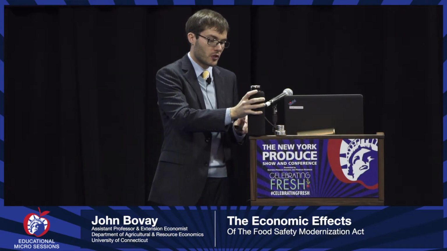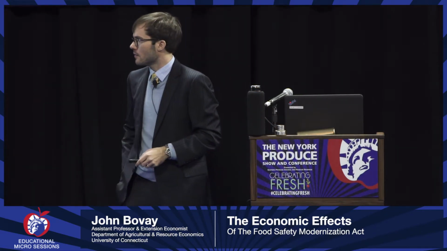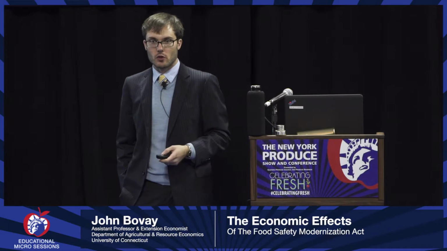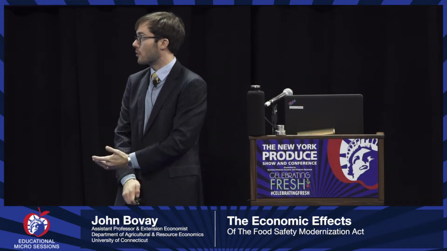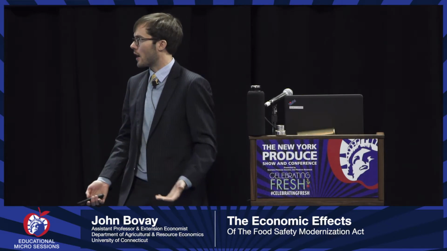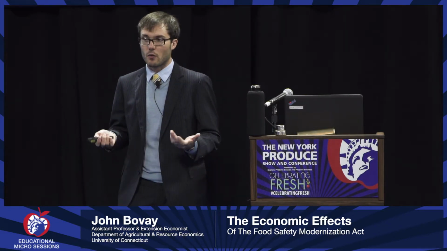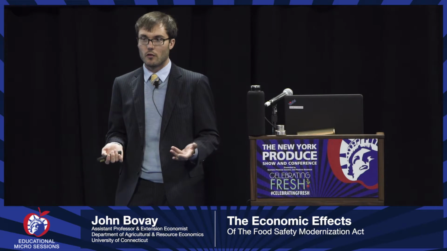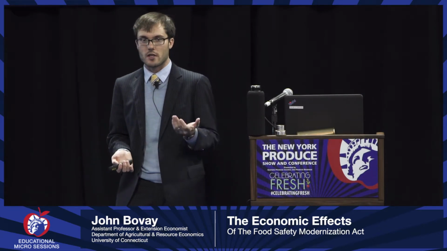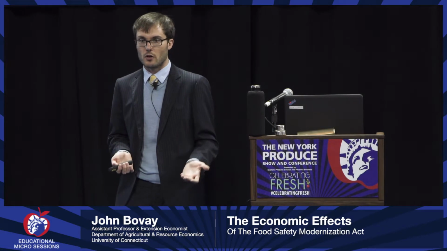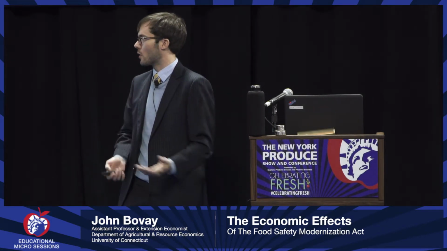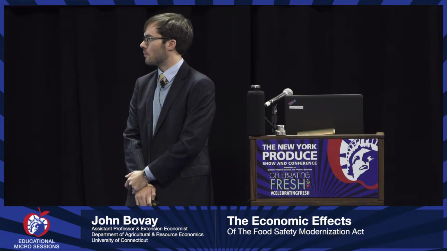So the other rules you can see listed here, there are special rules for handling compost, the way it can be applied to produce. There are health and hygiene measures, basically having hand washing stations and toilets accessible to farm workers. It's not quite clear how much of a difference that's going to make because OSHA already requires that toilets be within a quarter mile.